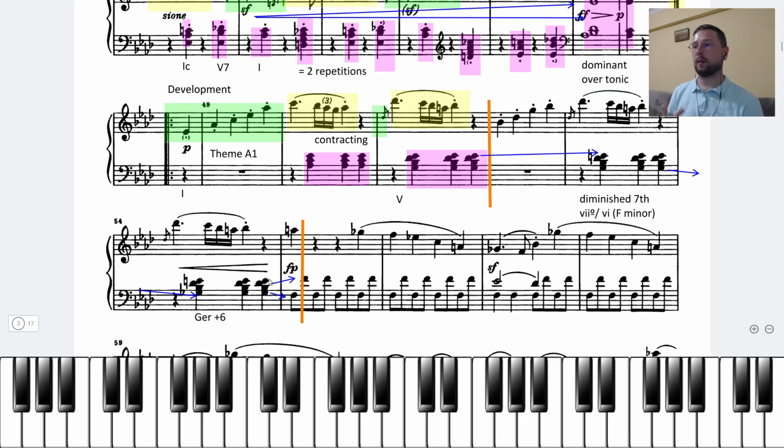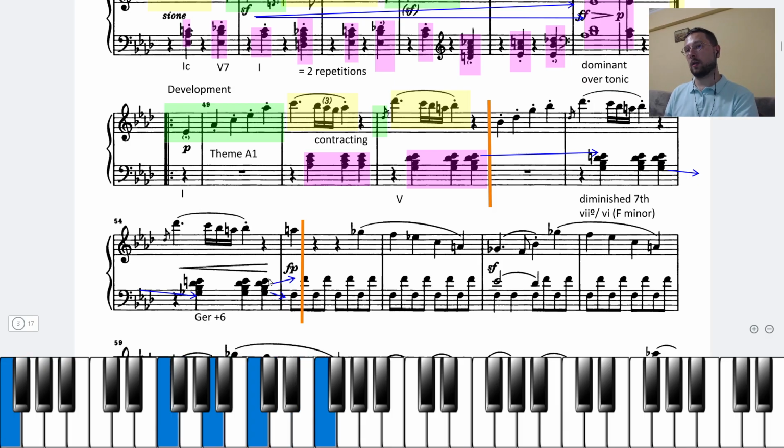And in the middle, we can fill just the third. We fill it in with a third. It's an Italian augmented 6th. If you put the third and the fourth, it's a French augmented 6th, sorry. And if you put the third and the fifth, it's a German one. And that's the one that Beethoven uses here.